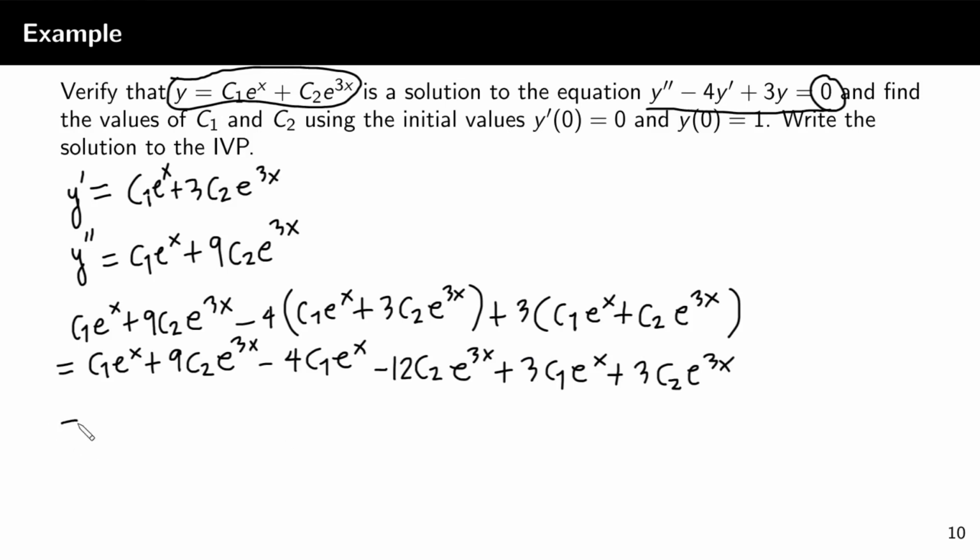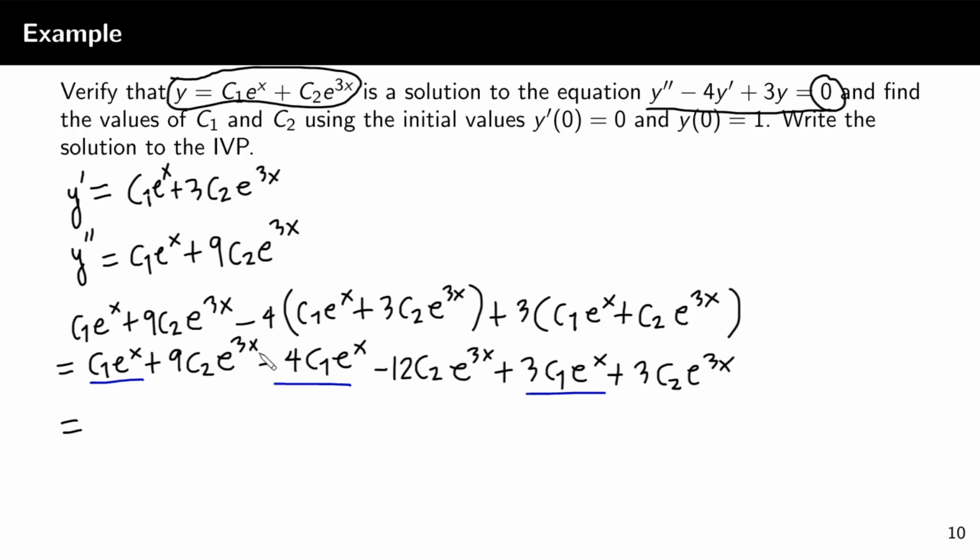So is this 0? Let's combine all the terms with e raised to x. So c sub 1 minus 4 c sub 1 plus 3 c sub 1 is indeed 0. So 0 e raised to x.